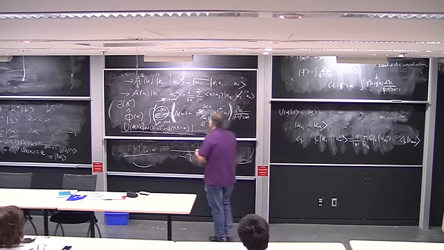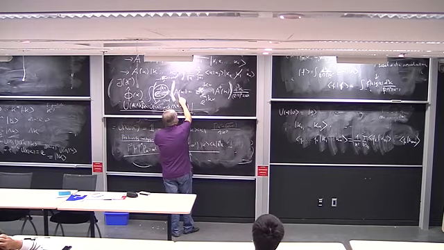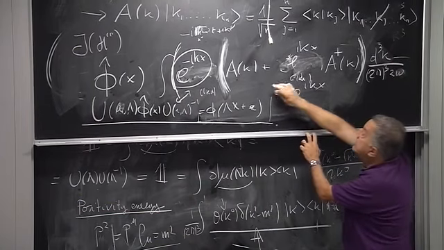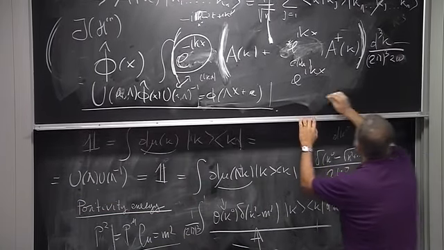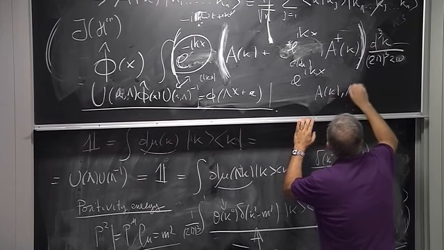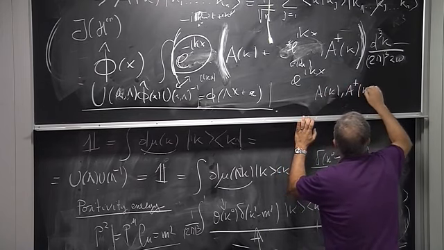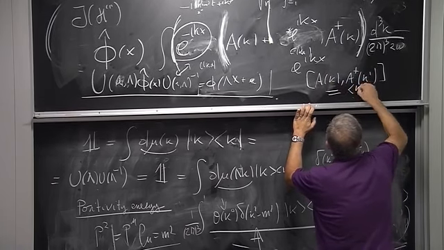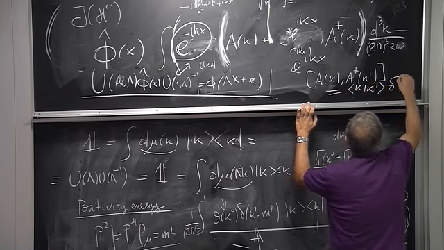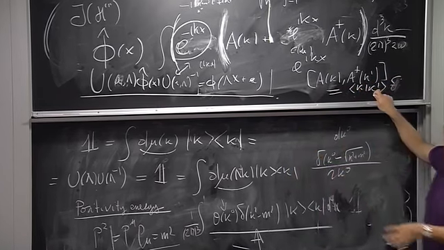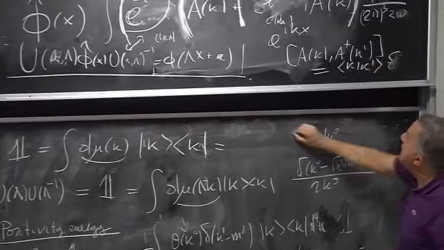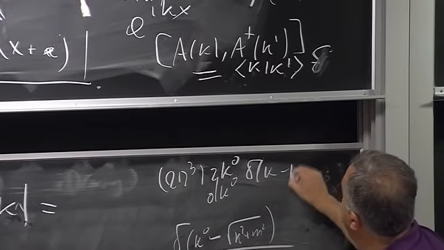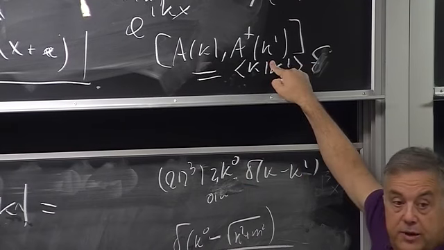If you, in the end, change the normalization of this field to get here the square root, because these operators, I didn't say, but the operators a k, a dagger k prime, satisfy the commutation relation, there is here a 2 pi cube 2k0 delta of k minus k prime. So they have the relativistic invariant normalization.